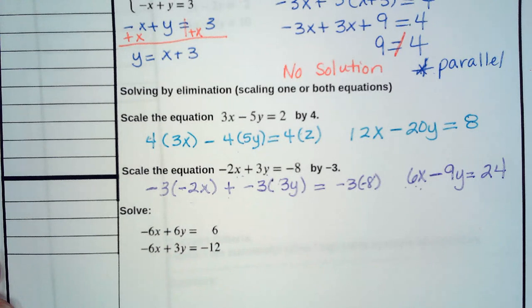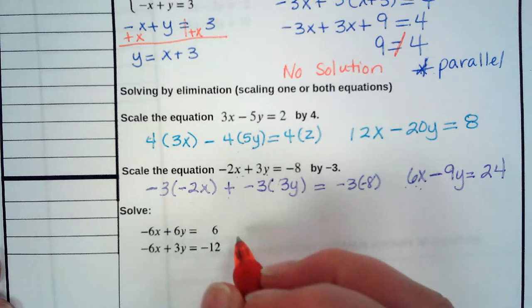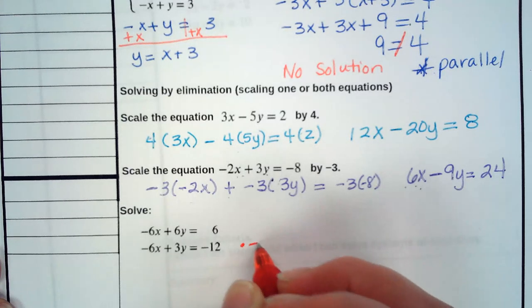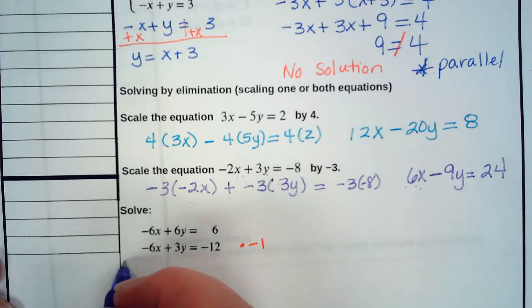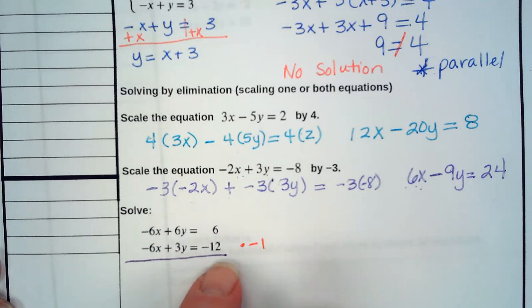So that means I can multiply everything by negative 1. When I multiply everything by negative 1, I simply change the signs to their opposites. I'm going to do the bottom equation because I want to get rid of the negative 12.